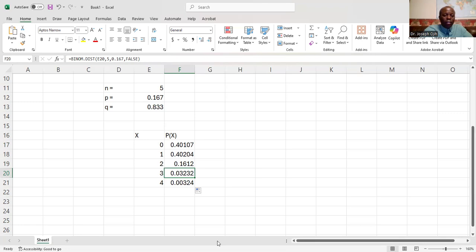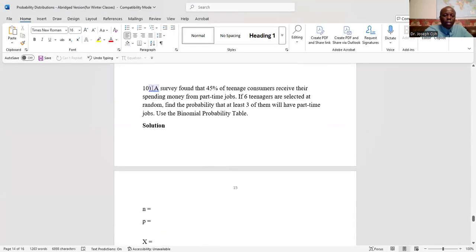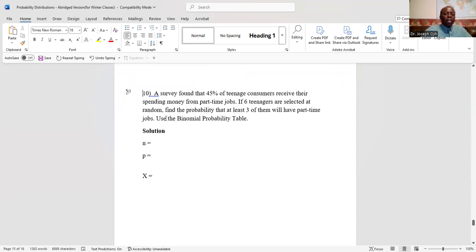So in that similar vein, you can do this type, like here, when it says, I'm gonna put this thing down here. A survey found that 45% of teenage consumers receive their spending money from part-time jobs.